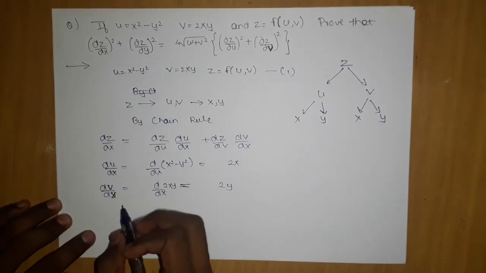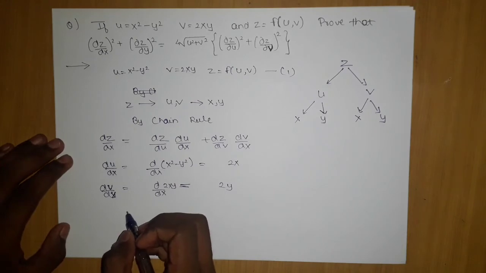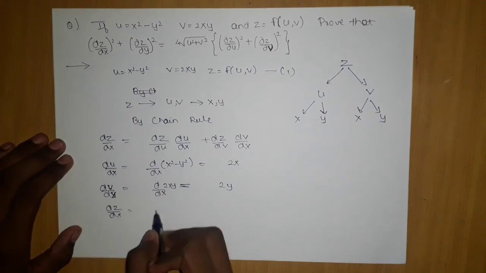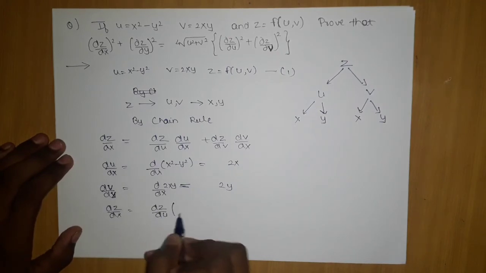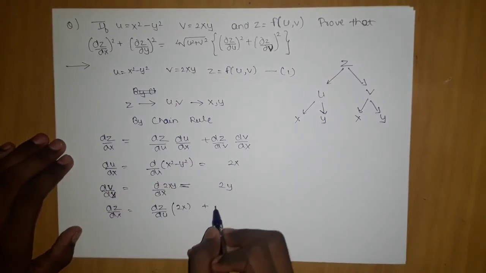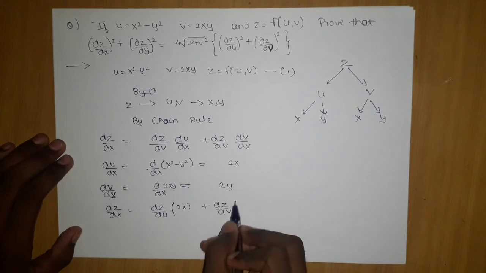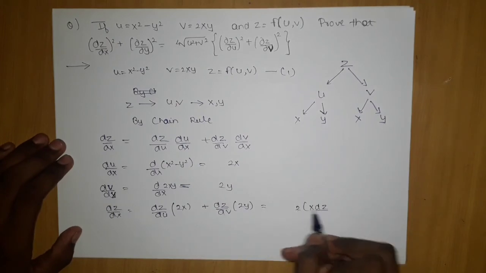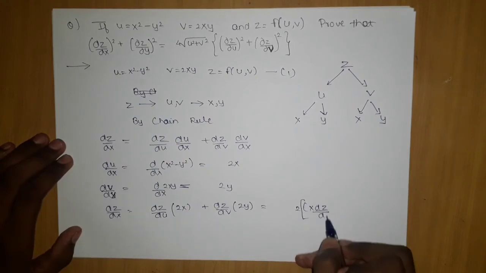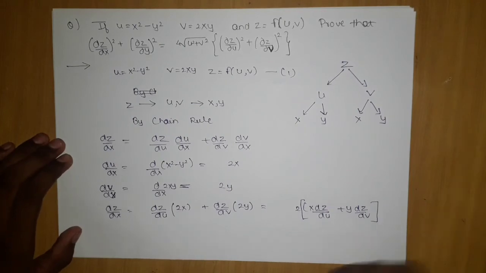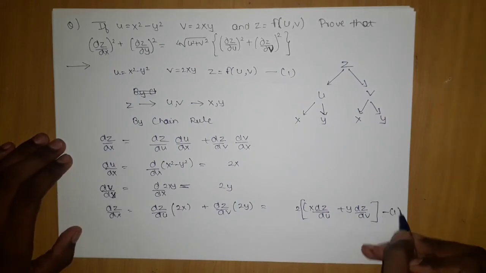If I simplify and substitute the values, ∂z/∂x will be ∂z/∂u times ∂u/∂x, which is nothing but 2x, plus ∂z/∂v times ∂v/∂x, which is nothing but 2y. We get 2 times (x ∂z/∂u + y ∂z/∂v), taking 2 common. So we got it as 1.